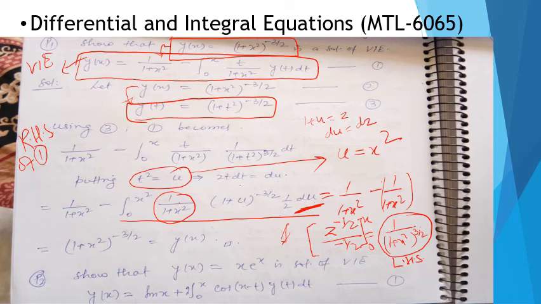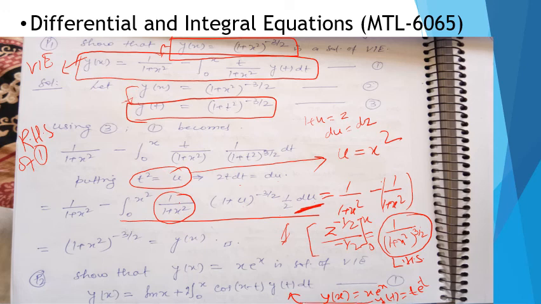Another example. Show that y(x) is equal to x e to the power x is the solution of this Volterra integral equation. See, y(x) is equal to x e to the power x. Then what is y(t)? y(t) is equal to t e to the power t. Put this y(t) here.